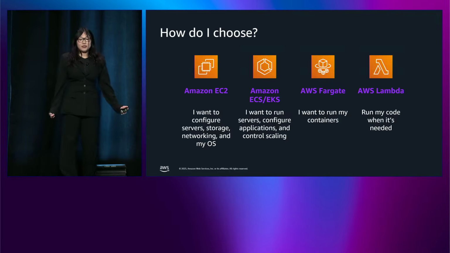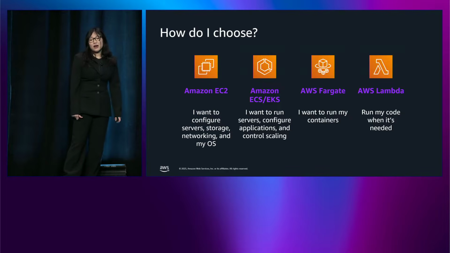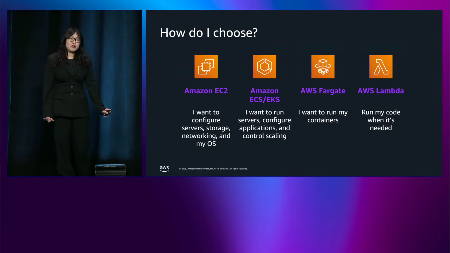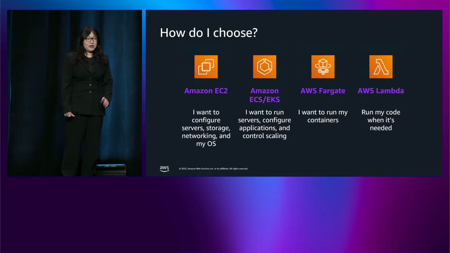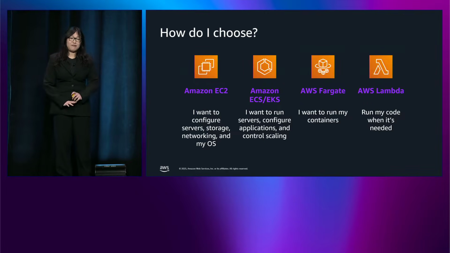Now, how do I choose, right? There's a lot of different options, a lot of different use cases for them, like what's the best. So for EC2, you have the most control over your configuration. But as you move down to ECS or EKS, right, that's your container ecosystem, you still have a couple of decisions to think about.